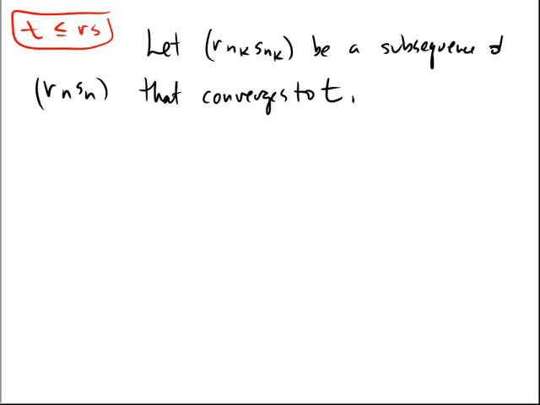So let Rnk Snk be an actual subsequence that converges to T.